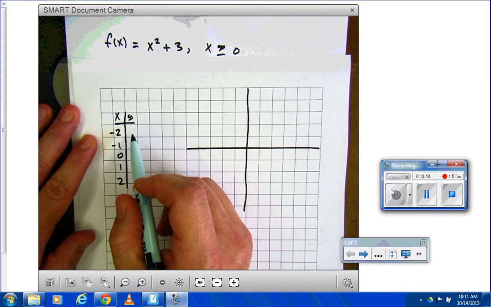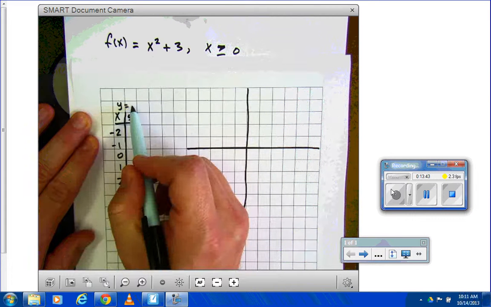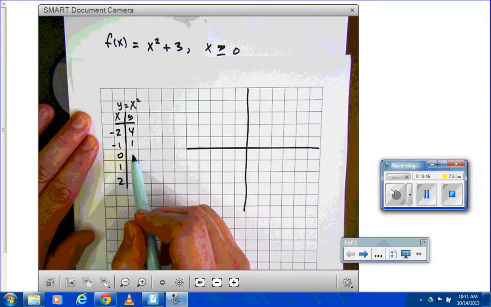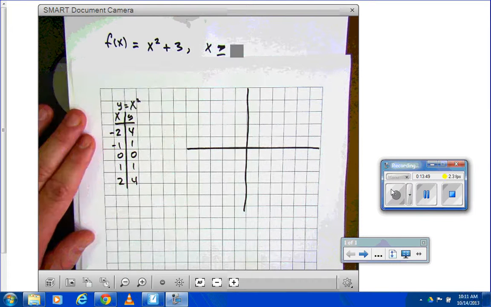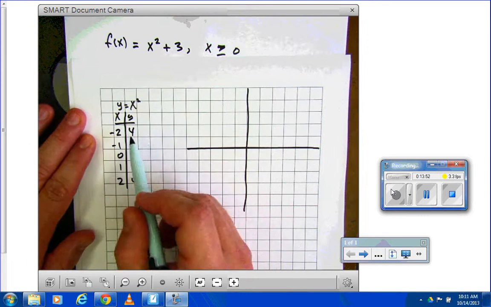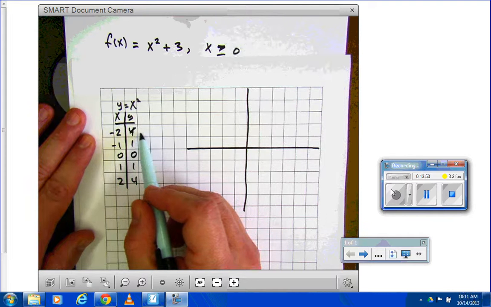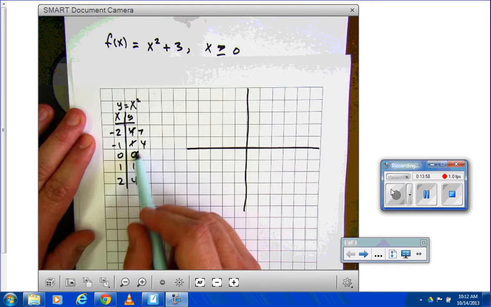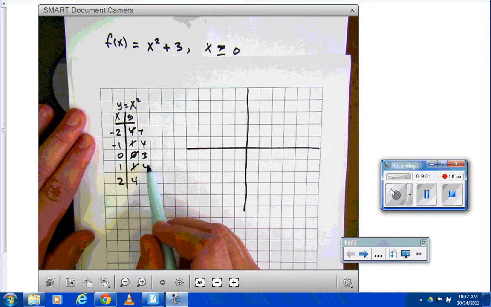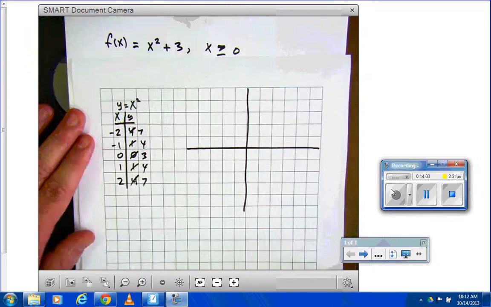Now, what's our parent graph here? y equals x squared? So this will be 4, 1, 0, 1, 4. So if all we're going to do is shift it up 3, we're just going to add 3 here. So it'll give me 7, 4, 3, 4, and then 7.